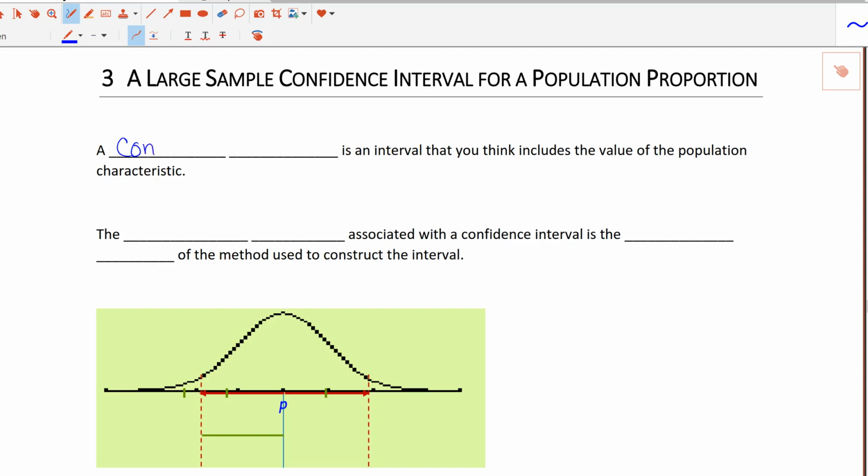We can think of a confidence interval, which is an interval that you think includes the value of the population characteristic. So we just talked about that in a sense, where we took that 0.64 and subtracted 0.04 and added 0.04 to see where we thought P really was.